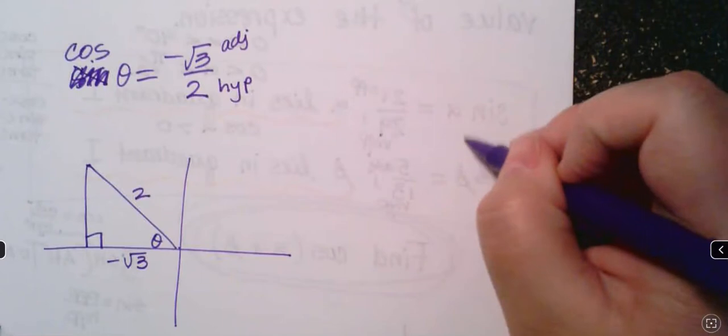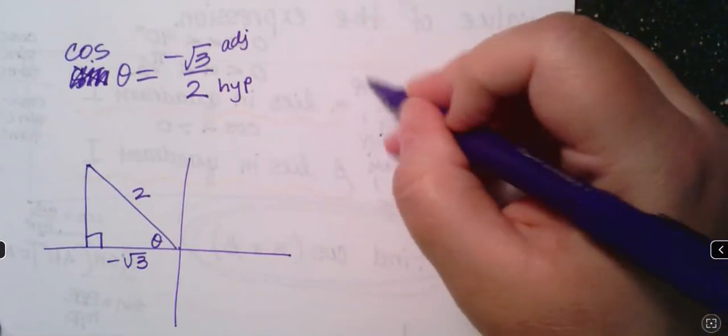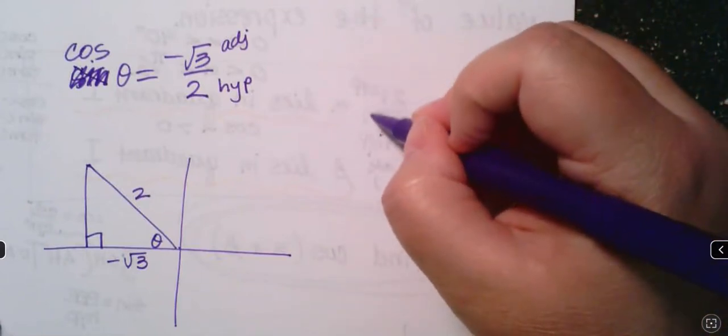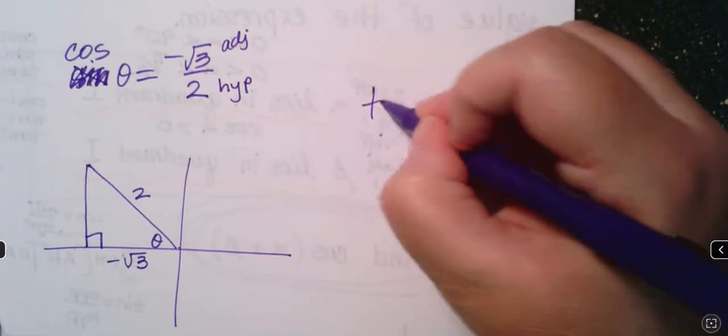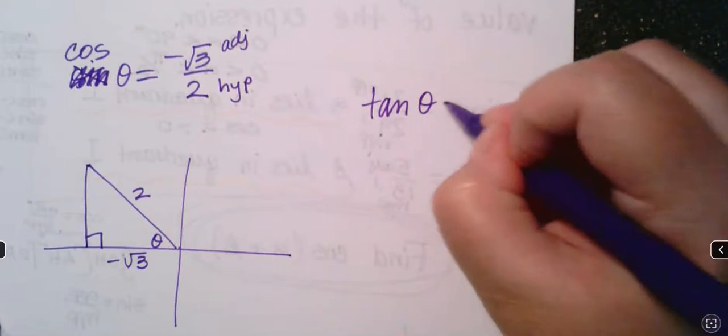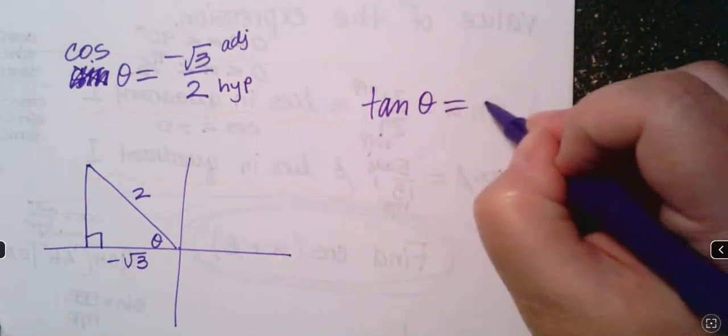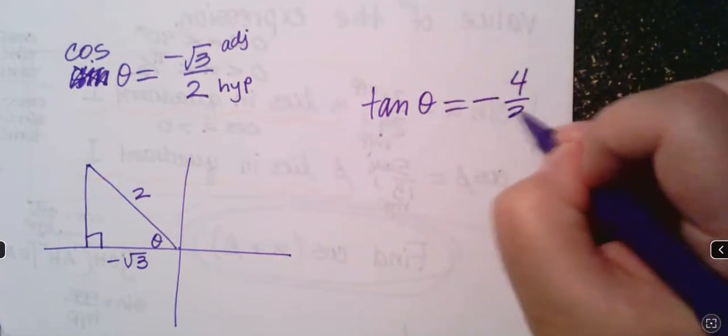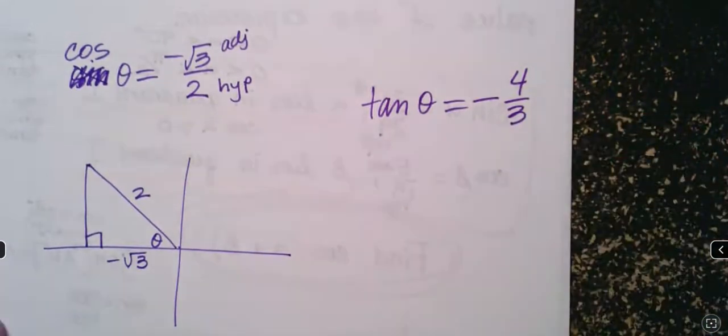Let me give you a different one. How about if tangent is negative 4/3 and it's in the second quadrant.